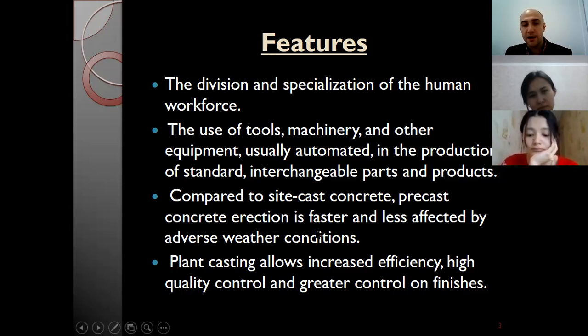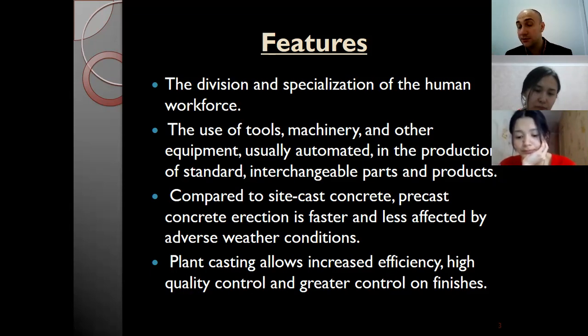Less affected by weather conditions. I told you that all parameters which give the hardness, the durability, the sustainability and the energy efficiency for the prefabricated constructions are controlled off-site during manufacturing.